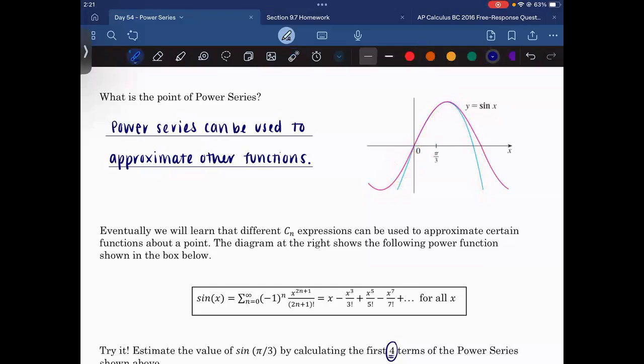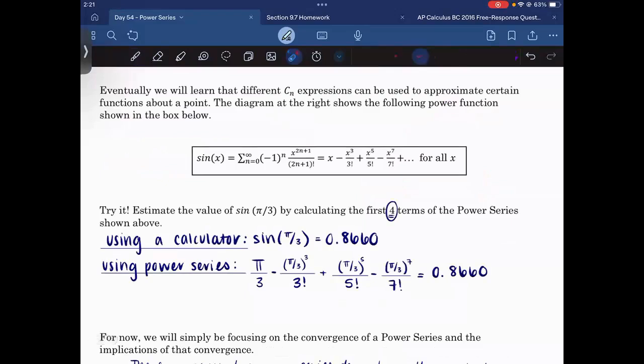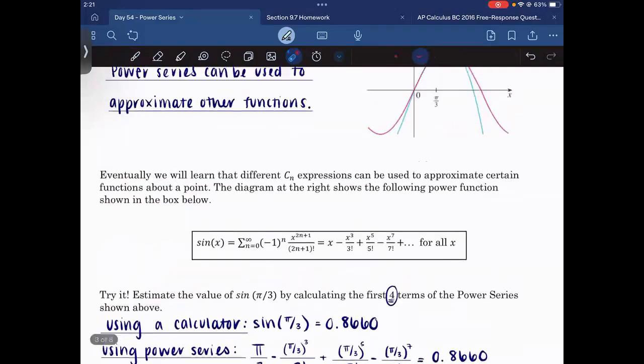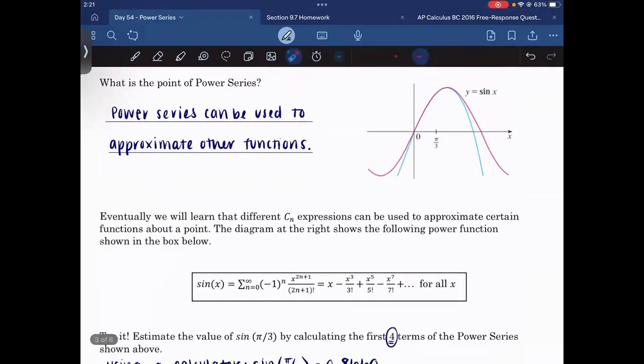Eventually, we're going to learn about different expressions, Taylor and Maclaurin series, and we're going to be able to approximate them about a point, the A value. The diagram at the right shows this. So I guess above. So there it is.